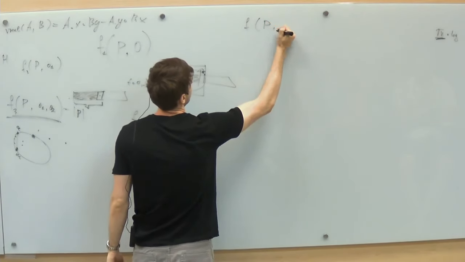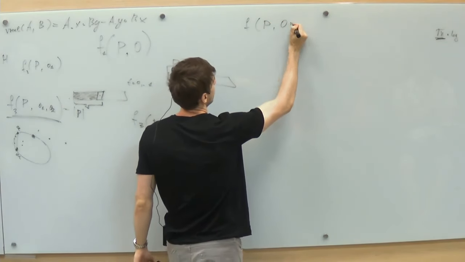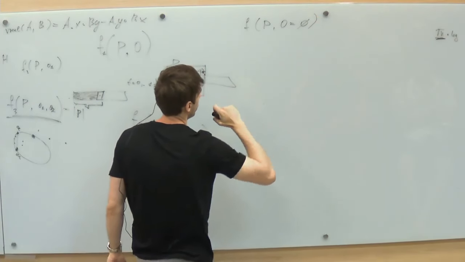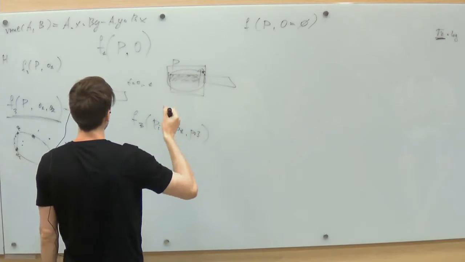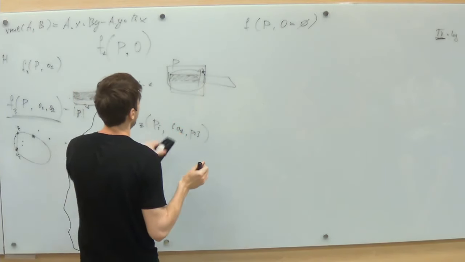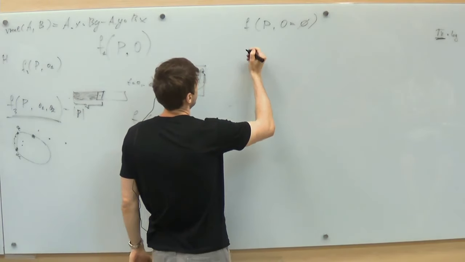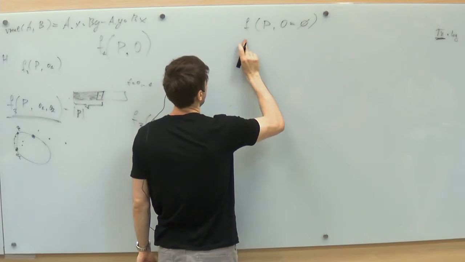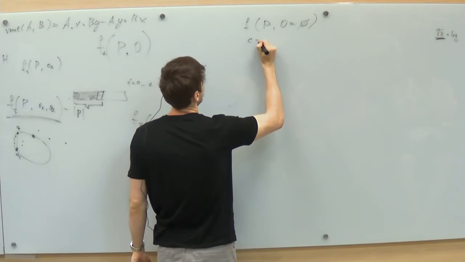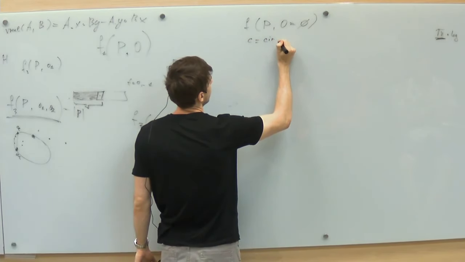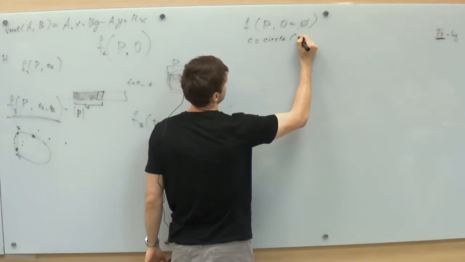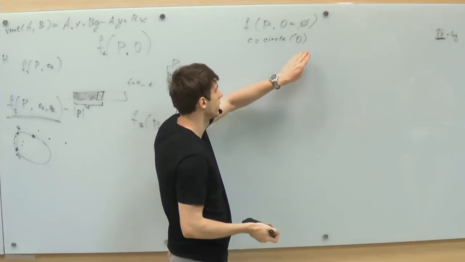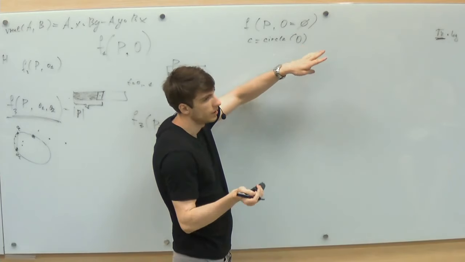So if you want to implement this method, we will define our current circle, let's say C, as the smallest circle that covers set O. If the set is empty, then it's an empty circle.